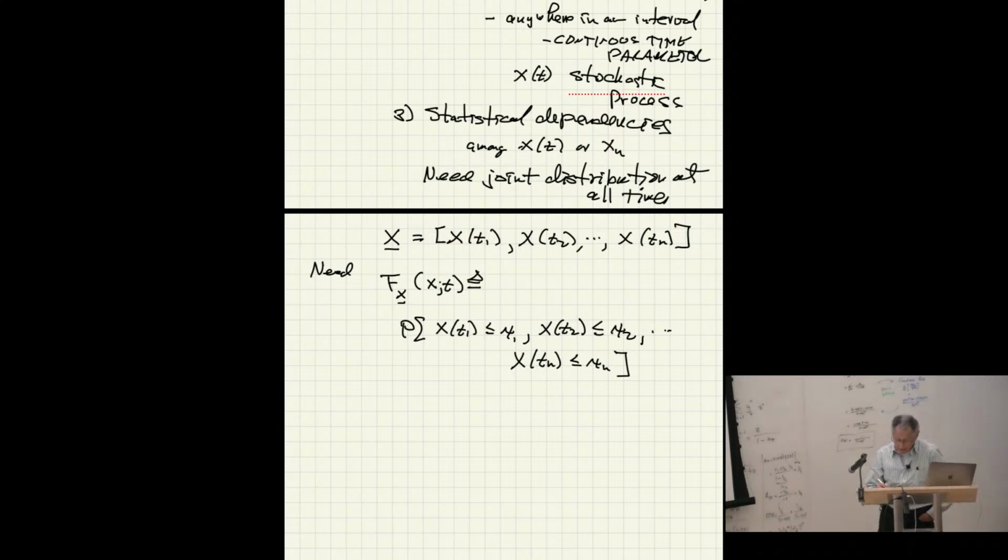And this has to be given for all values of the vector x, which I wrote a moment ago, x of t1, comma, dot, dot, dot, x of tn. And for all time, which if I write that as a vector, is the t1, t2, out to tn, and for all n.